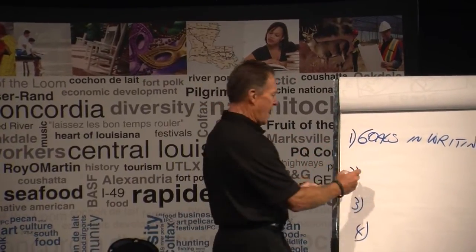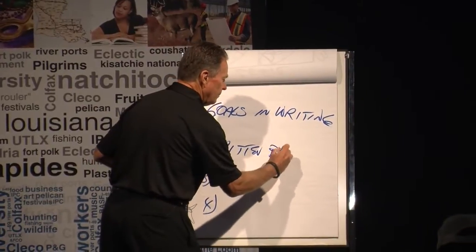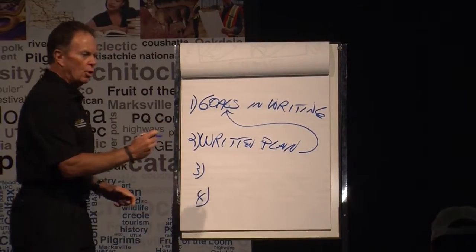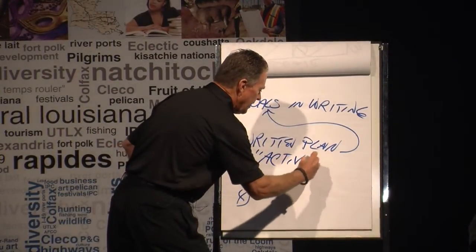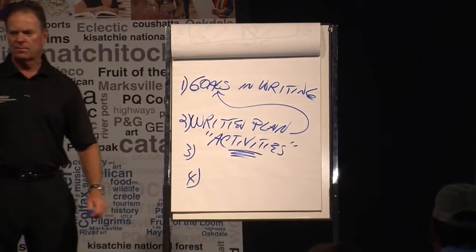Here's what really needs to happen. You need a written plan on how you're going to go about achieving those goals. And here is the most important word of the day: activities, activities, activities.